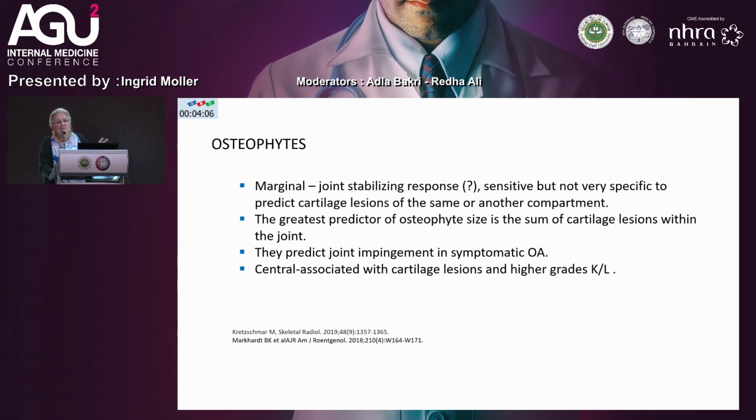We can have these marginal ones at the joint that seem to be stabilizing, but at the same time seem to be making some trouble for the joint. Or we can have the central ones that seem to be more relevant. But anyway, they are predicting joint impingement in symptomatic osteoarthritis.